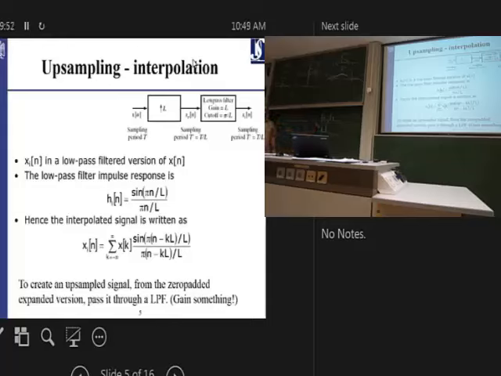So here by adding zeros, you're just expanding the signal. So x of n and this xu of n, the expanded version of x of n, is just a zero-padded signal corresponding to x of n.